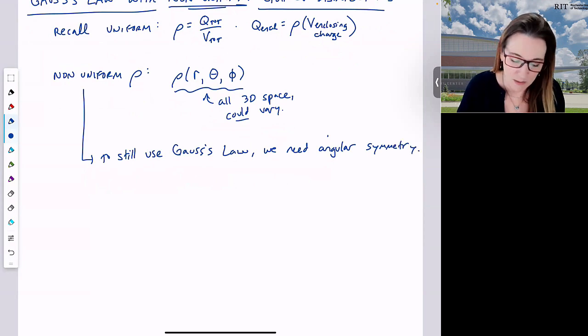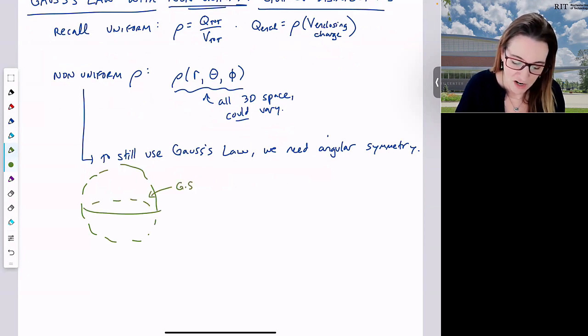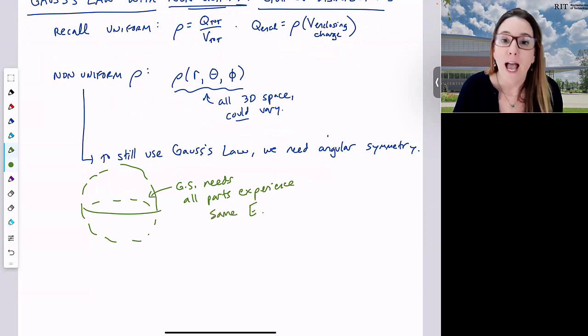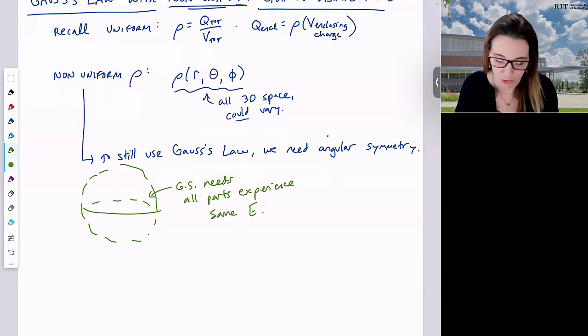Because when we draw our Gaussian surface, if this is my imaginary Gaussian surface, I need all parts to experience the same electric field, and so I need to have angular symmetry here.